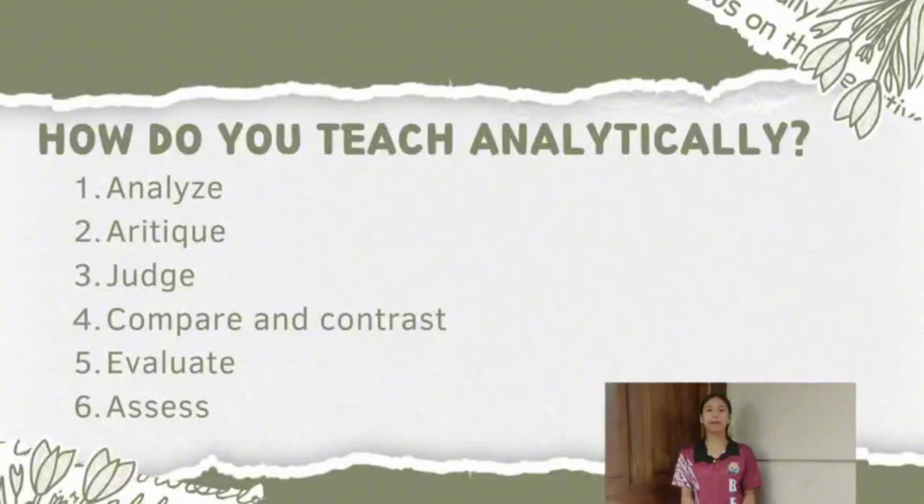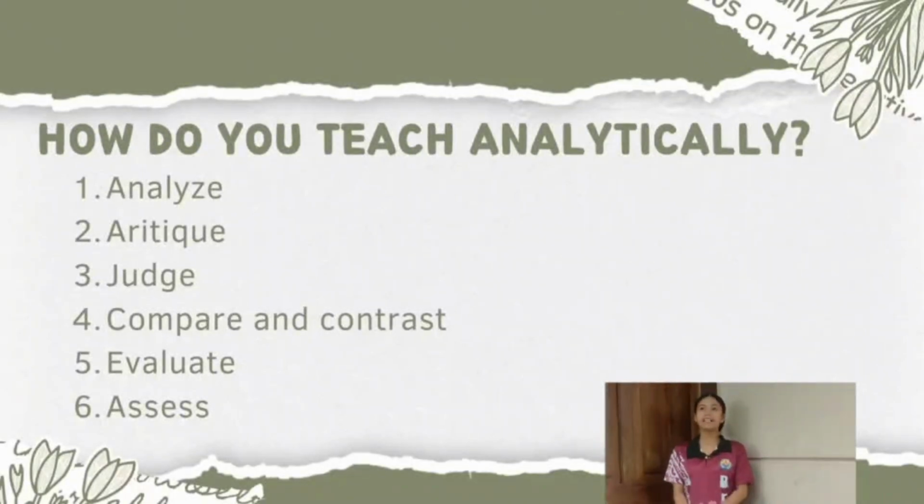Number 4, compare and contrast. Identifying the similarities and the differences between two or more things. For example, apples and oranges. They are both fruits, but the difference is that apples are usually red and oranges are usually orange.